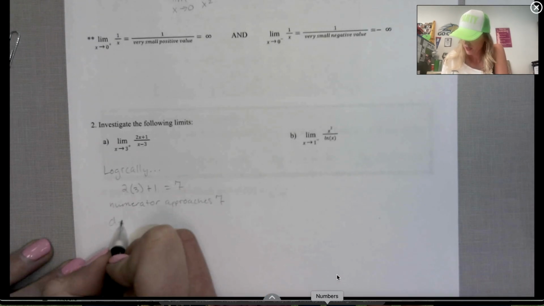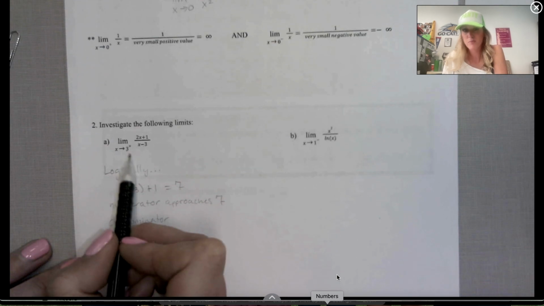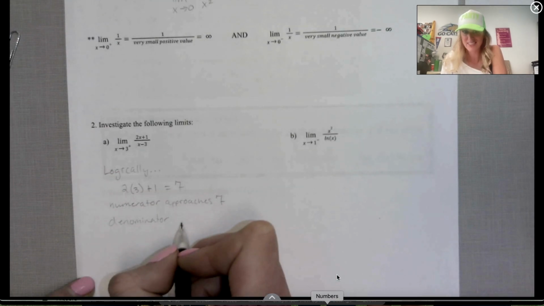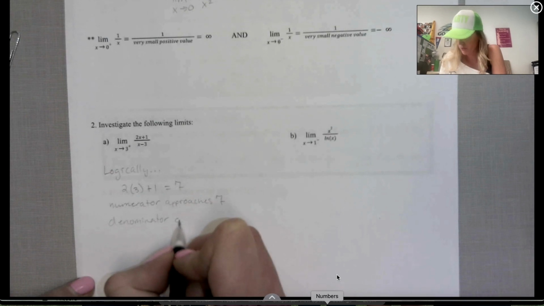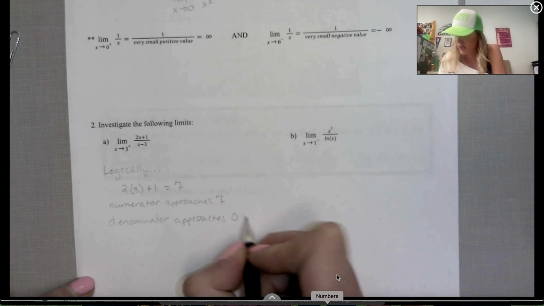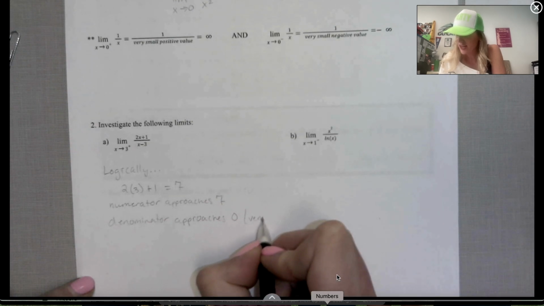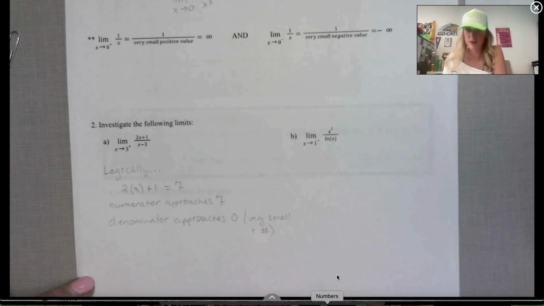The denominator: if I'm approaching 3 from the right, there are going to be numbers just a little bit bigger than 3, so I'm going to end up with a very small positive number. So the denominator approaches 0, but a very small positive number.